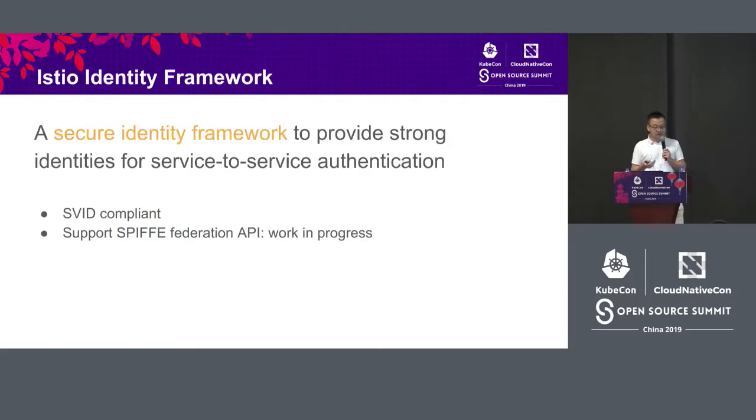First, every Istio workload identity is also a SPIFFE identity. Basically, the identity is specified in X509 format following the SPIFFE standard. We are also actively working on supporting the SPIFFE Federation API. We will talk more about this part in the following slides.